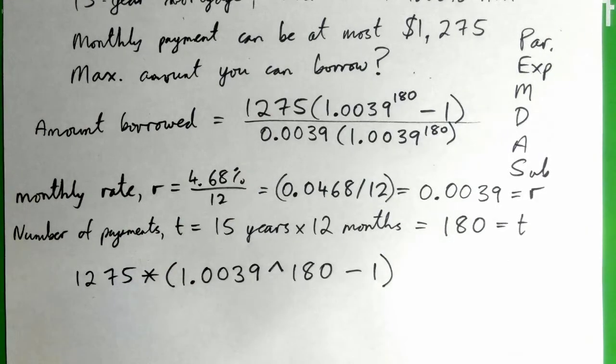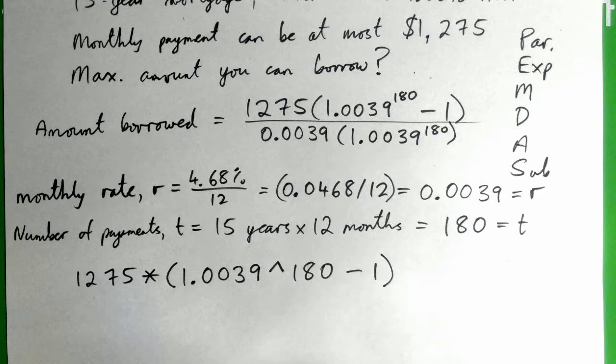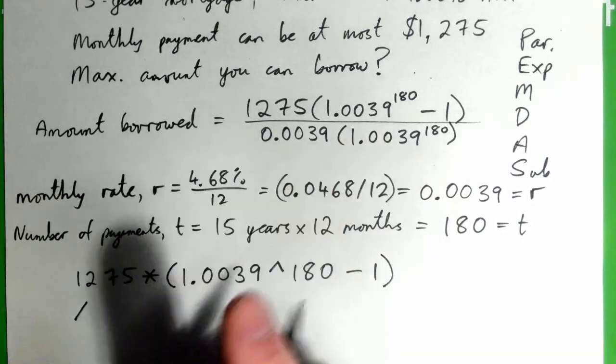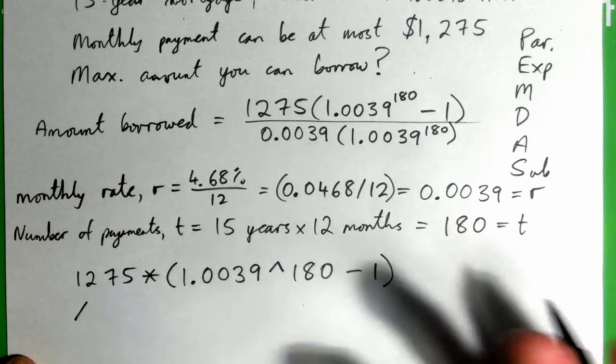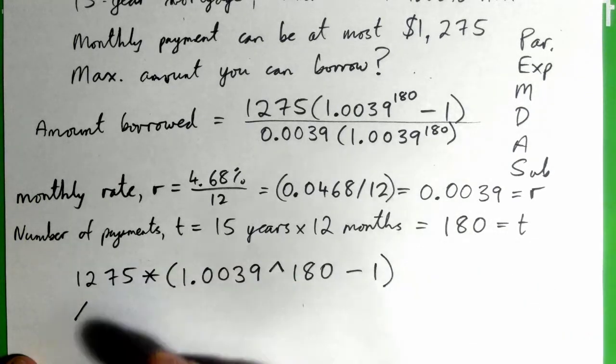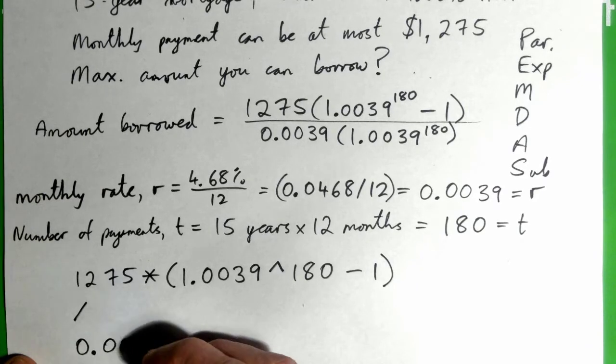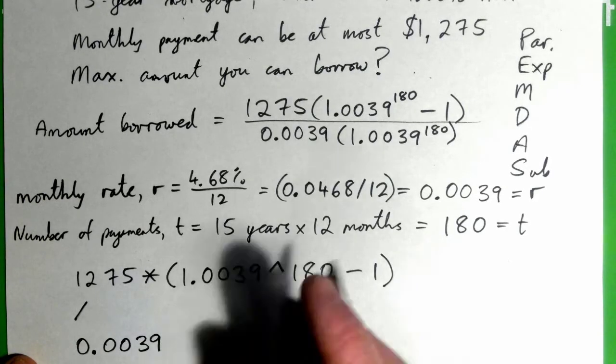Or you can do it all as one line. There's the top anyway. Then you could hit divide if you want and then do the bottom and do it all in one go. But in any case, that's the top. The bottom would be 0.0039 times that.